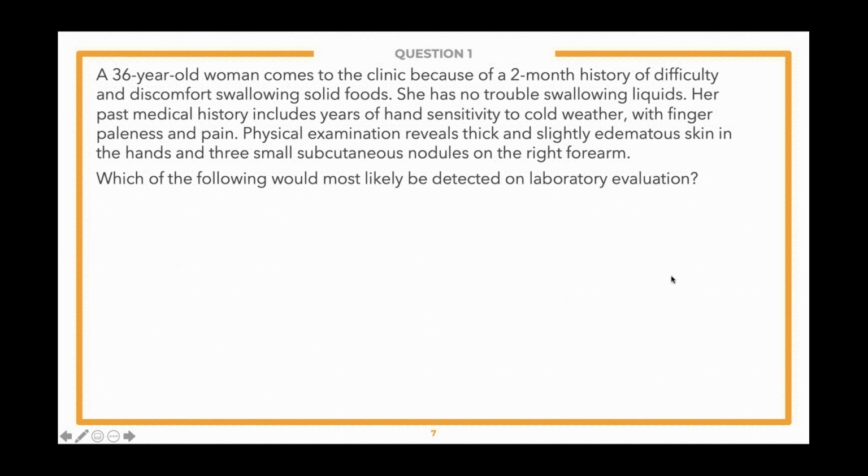After that, we like to ask our students how many steps they believe each question will require. An example of a one-step question could be where you're asked for the diagnosis. An example of a two-step question could be where you're asked for the treatment for a diagnosis. And an example of a three-step question could be where you're asked for the mechanism of action for a treatment for a diagnosis. So with those examples in mind, please let us know in the question box how many steps you believe this question will require, and then we'll move on to that vignette.